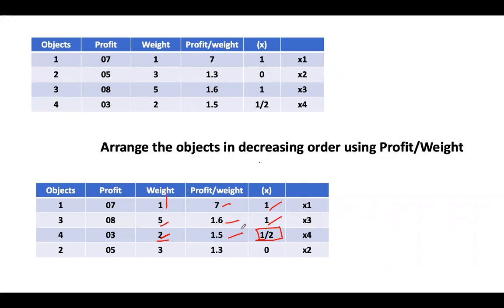Based on this table itself, this algorithm is written. Calculate the ratio, arrange the table in this order, and then compare the weight with the object, considering each as a full object. Once the remaining capacity is less than the weight, you should divide the remaining capacity by the given weight, that is 1 by 2.